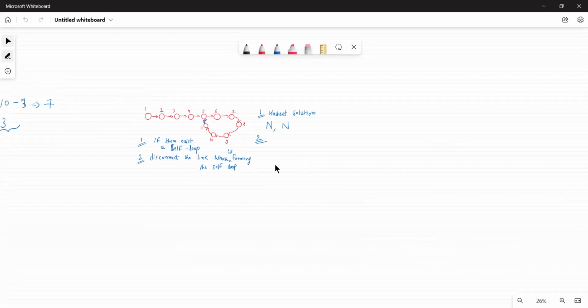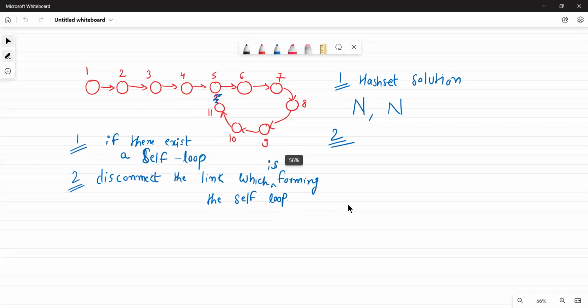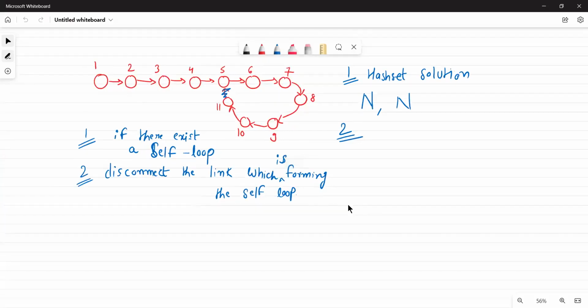Okay, that's great. So has anyone identified how to find if there exists a loop or self loop in the linked list? Did you guys identify it? Did you solve this problem?